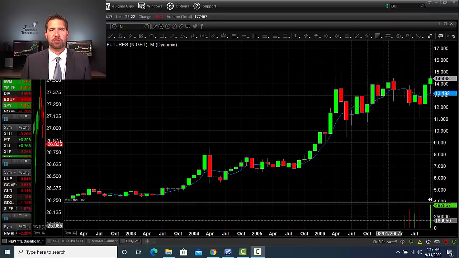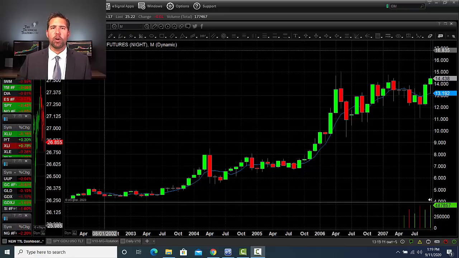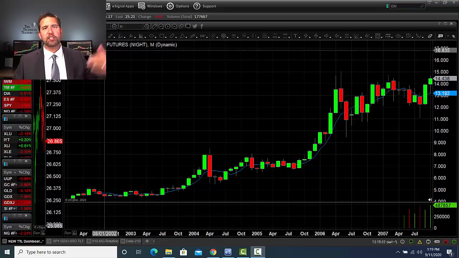I know there's a lot of big projections and I see much higher prices for silver as well, but let's take a more kind of simple approach. Look forward, not quite as far. Let's take a look at what to expect over the next few weeks, over the next few months, maybe over the next year from now, which will walk our way up to those bigger targets that we're all really excited to see get hit.